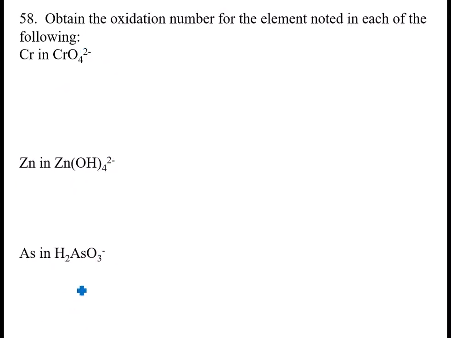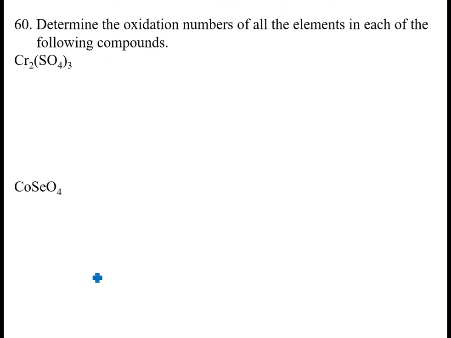So the next slide wants to determine the oxidation number for all the elements, I should say. So chromium 3 sulfate. I know that it's chromium 3 sulfate because the sulfate's a -2, which is there, so the 3 must go with the chromium.